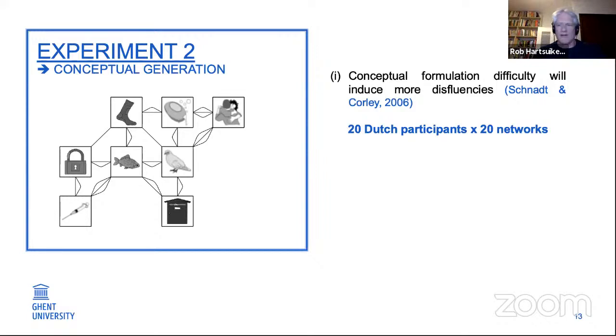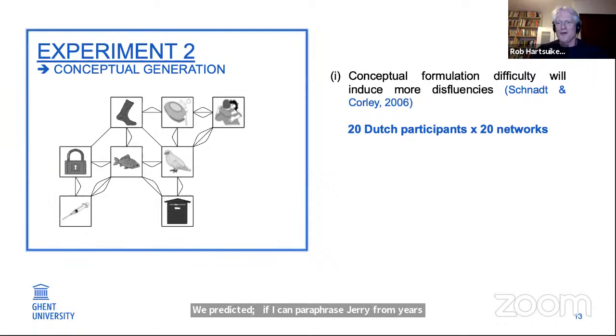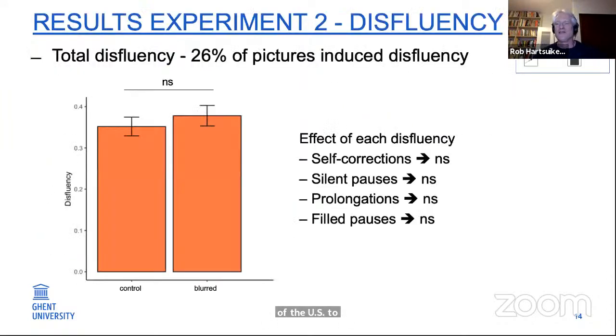Well, if I can paraphrase Jerry Altman years ago, who said, do you expect me to come all the way to the east coast of the US to show you some null results? And then he showed some null results. I'm afraid I'm going to paraphrase Jerry and say, there are null results, unfortunately, of blurring.